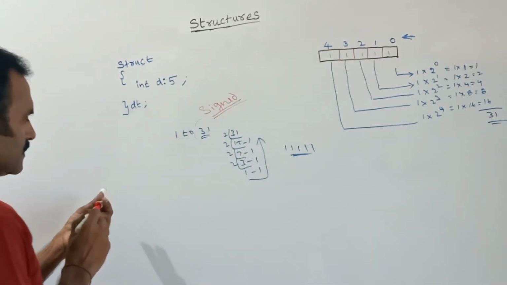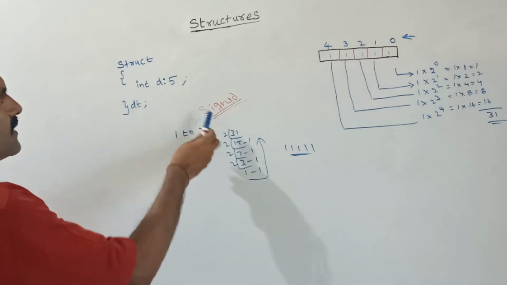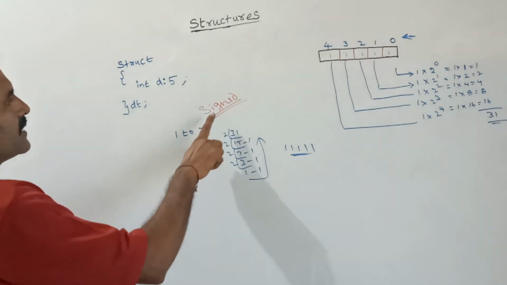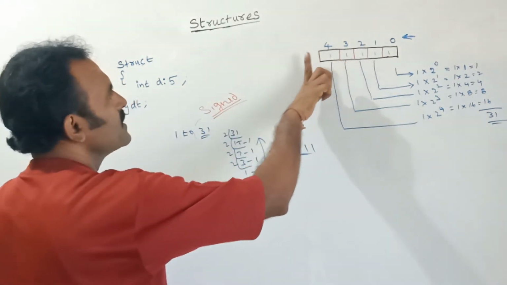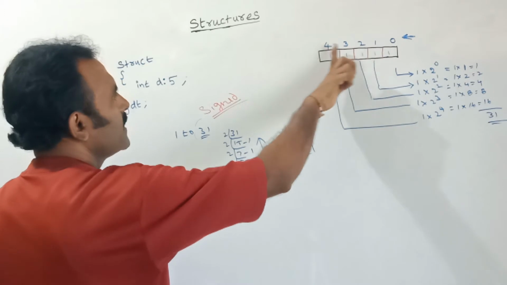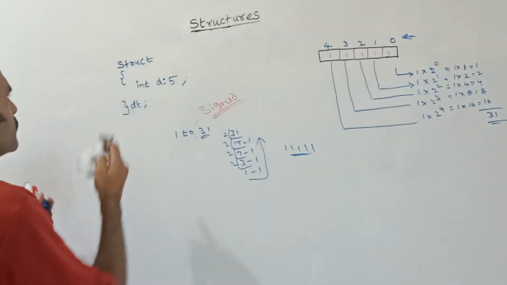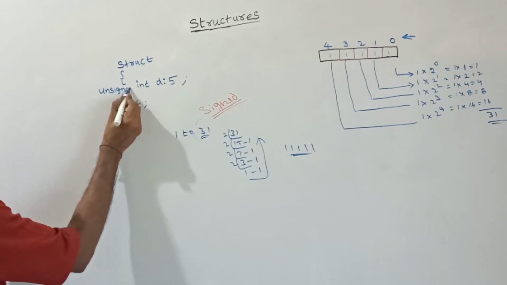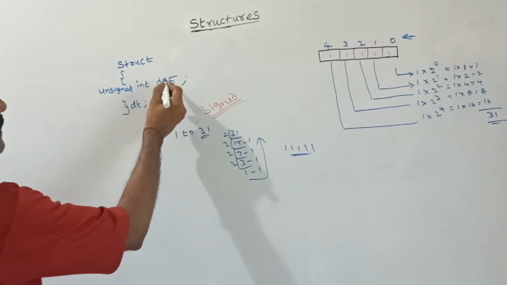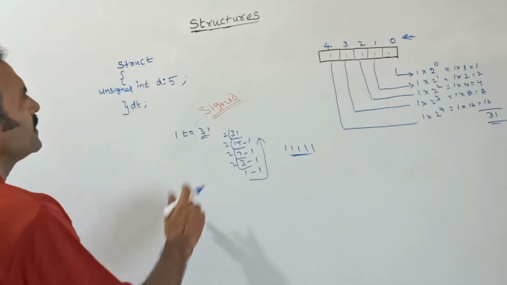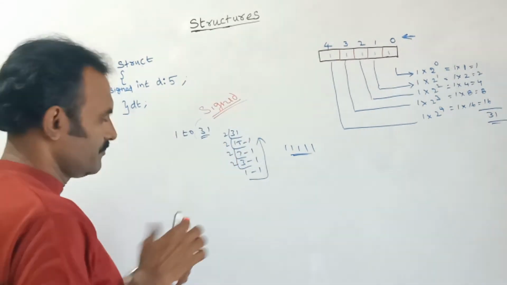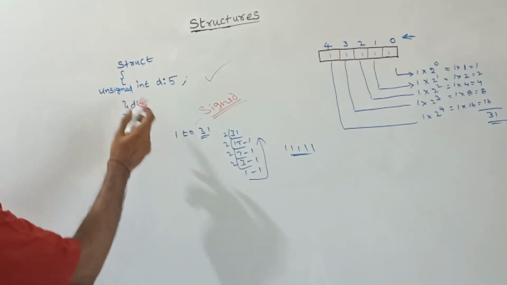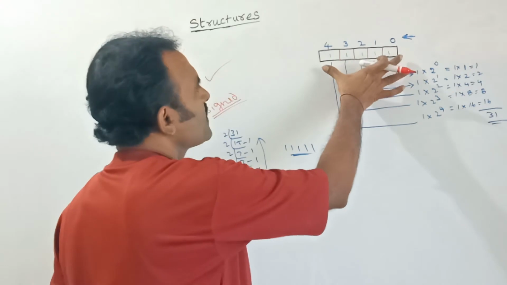Signed data. Suppose it is signed data, then this will be wrong, because in signed data, here this fourth bit, the MSB, is used for the sign bit. So if you are using unsigned integer for D, with 5 bits, then this is right, because for unsigned every bit is allocated for the data.